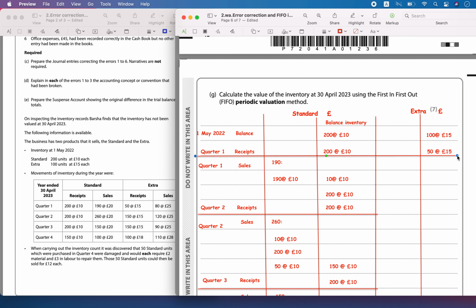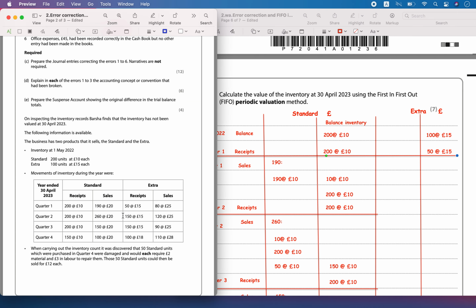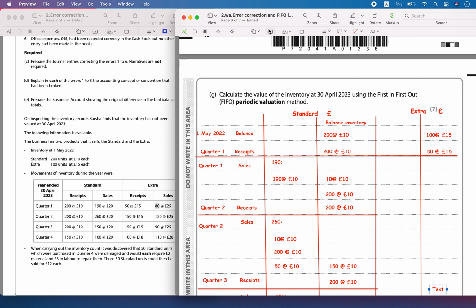Then around 80 units had to be issued. So 80 at 15 pounds is issued from 100 at 15.